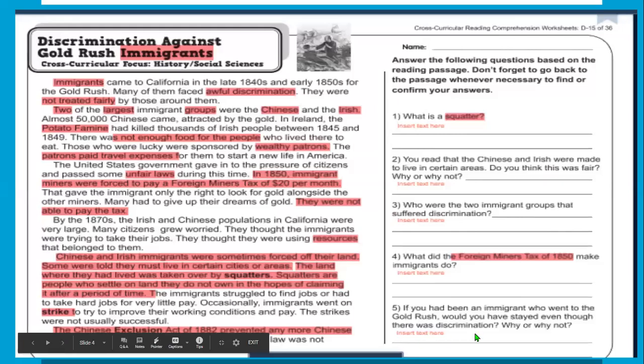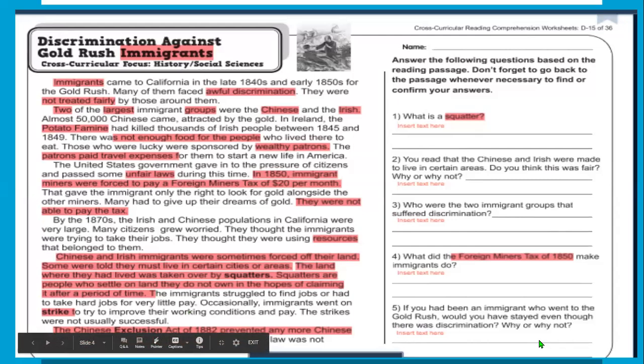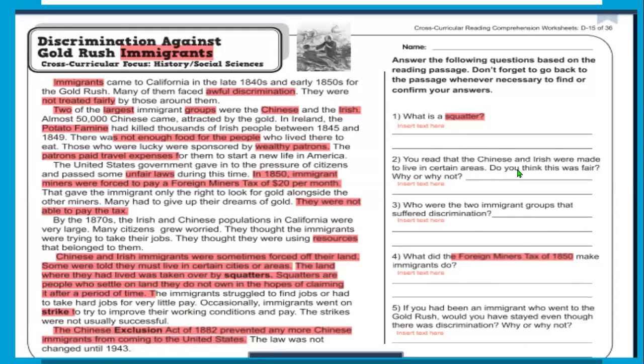Okay, so then this is the article, and I will read it to you. Let's look at what they want you to answer. First question, what is a squatter? Two, you read that the Chinese and Irish were made to live in certain areas. Do you think this was fair? Why or why not?